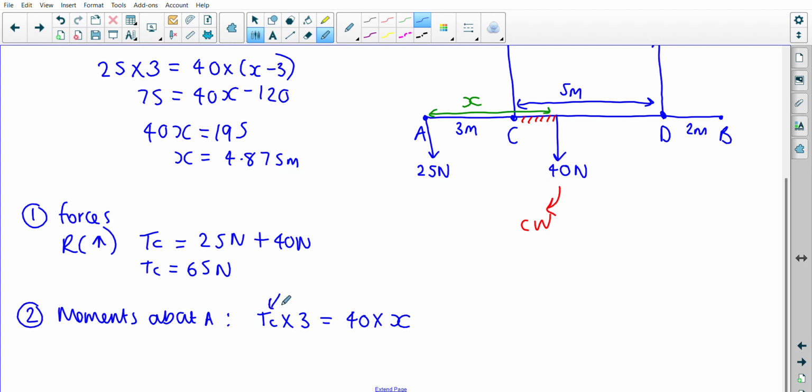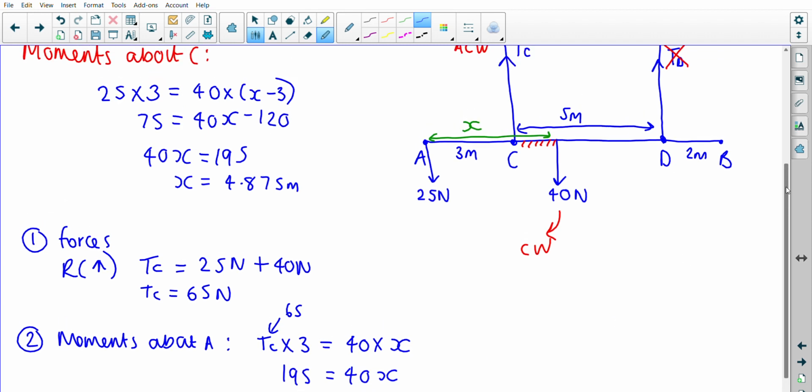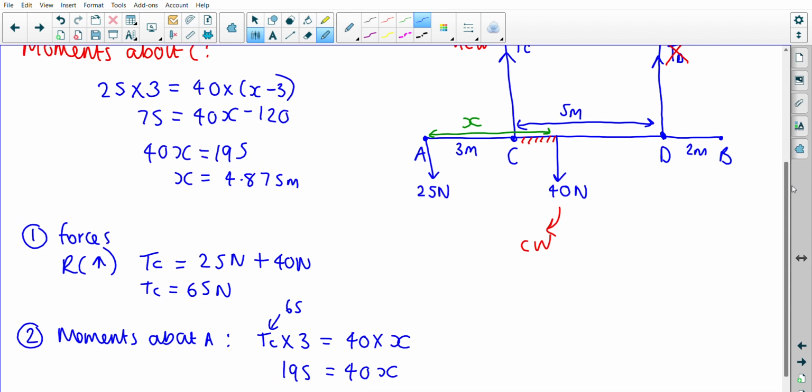So I know tension, it's 65, so 65 times by 3 is 195, and that's going to be 40x. And then if I divide by 40, you can see I've already got the same thing as above. It'll be 4.875.